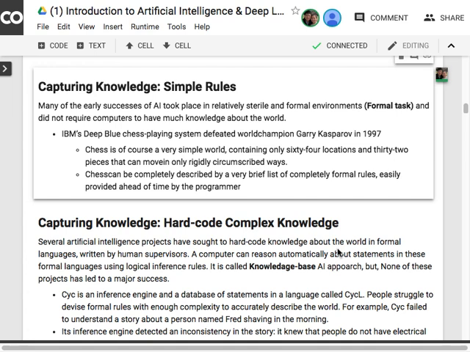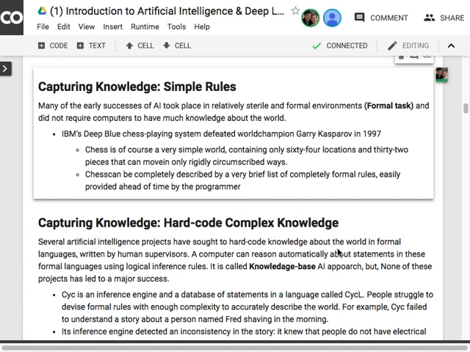Their world is just a matrix of, I don't know, 9 multiplied by 10, I don't quite know the size of it. Their world is only that. They don't know about cities or any other concepts. They just know that their world is a matrix of numbers, and we have rules that need to be followed to win the game. That is a strongly formal task.